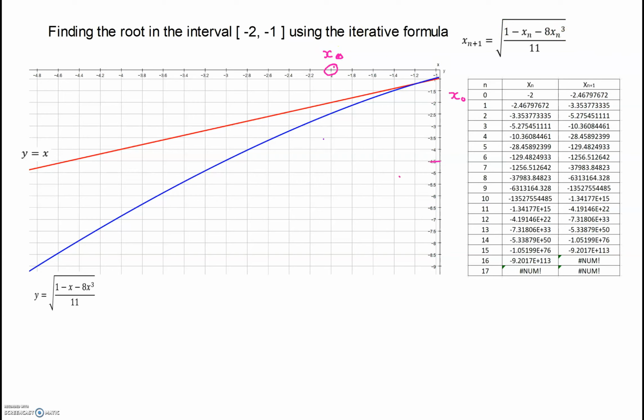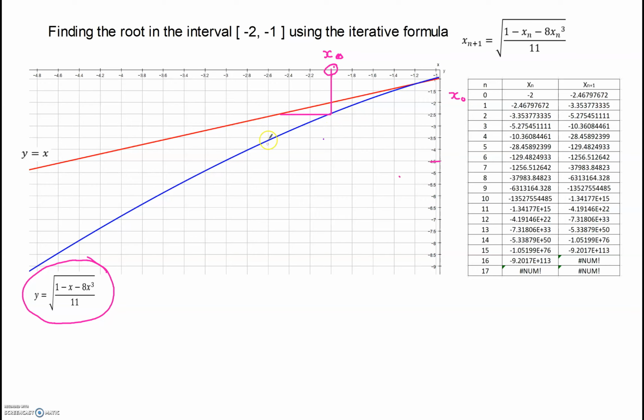following the same graphical method, we're going to draw a vertical line down to our blue curve, remembering that the blue curve is the same blue curve as before, y equals the square root of 1 minus x minus 8x cubed all over 11. We're then going to generate x1 by transferring our y coordinate across to our x coordinate.